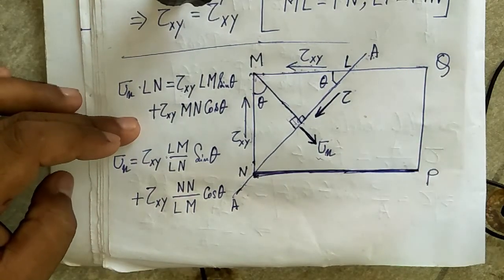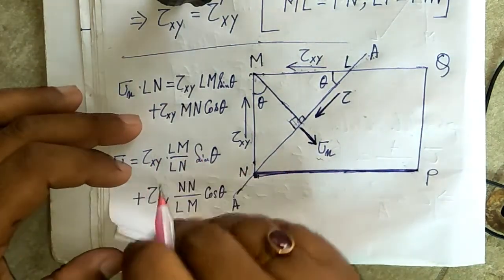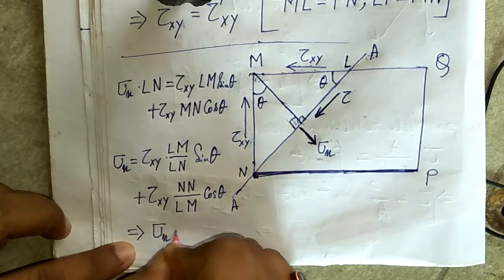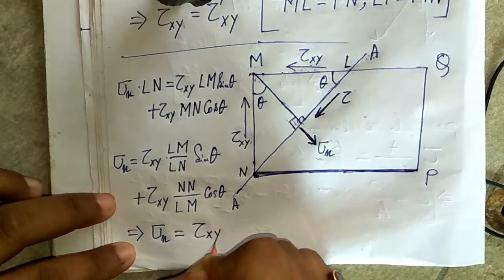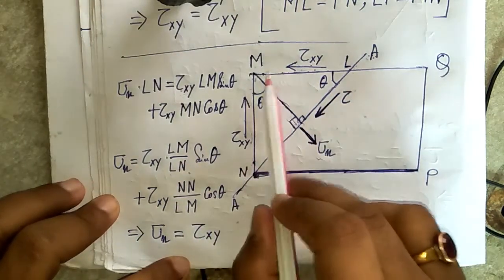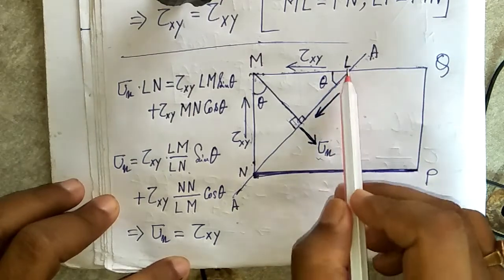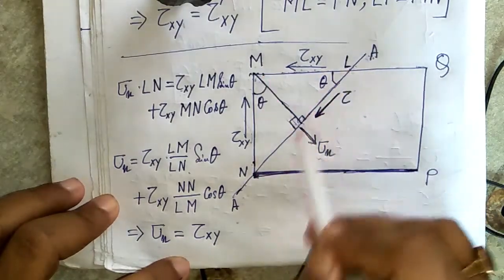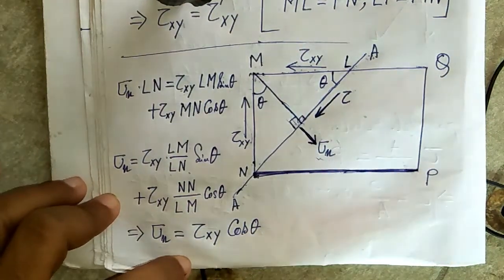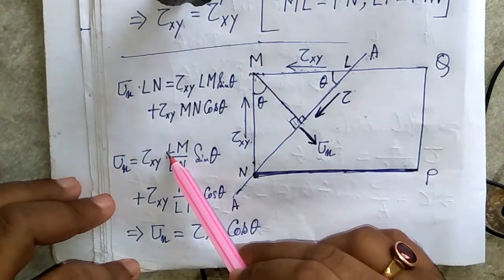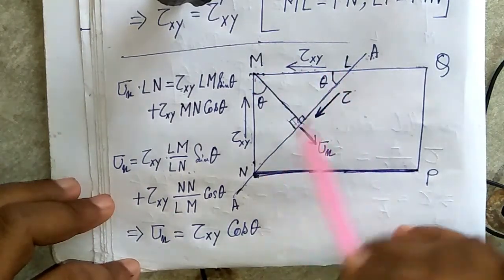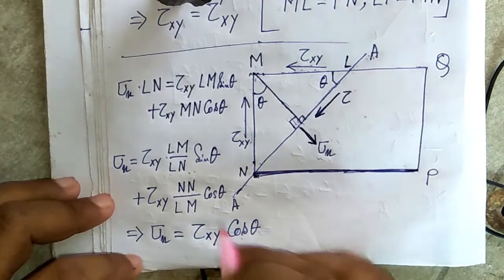From the basic concept of trigonometry, we can write sigma n equals tau xy, where lm by ln is cos theta, into sin theta.